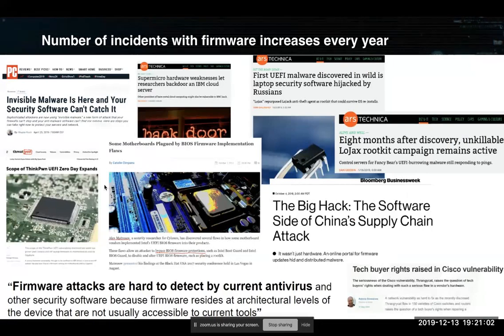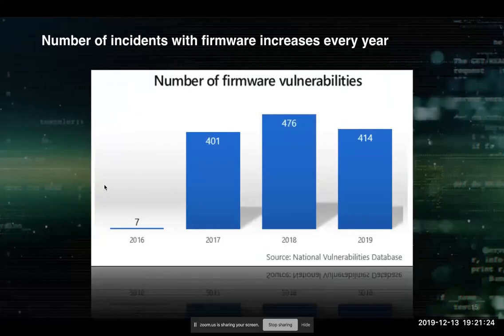So every year the number of incidents is increasing, and not only based on real attacks, but also on the research that researchers present. We can clearly see that this year and last year, the baseboard management controller for servers has been really one of the top targets.